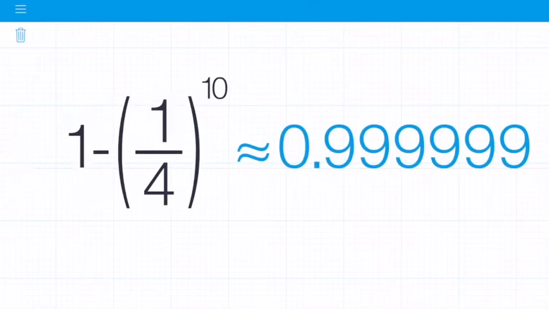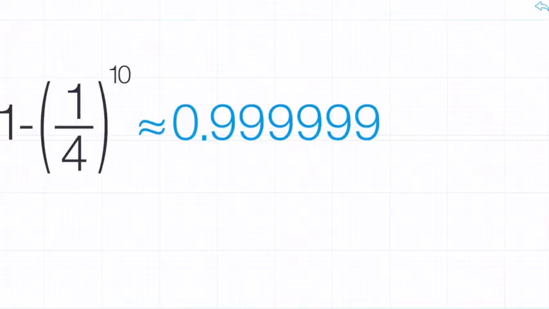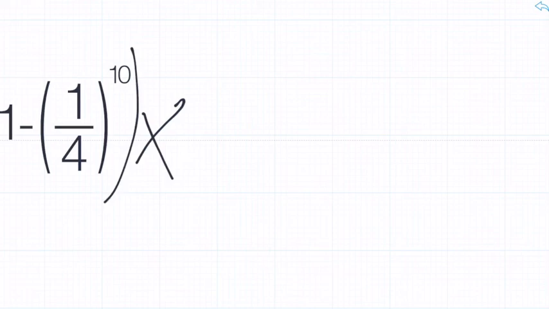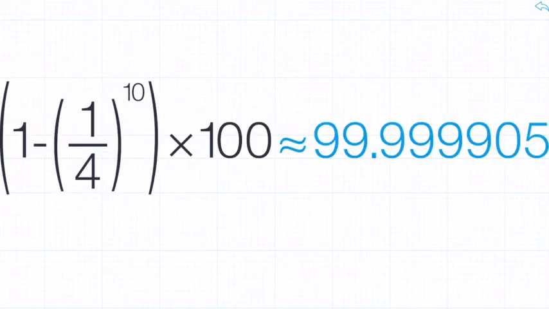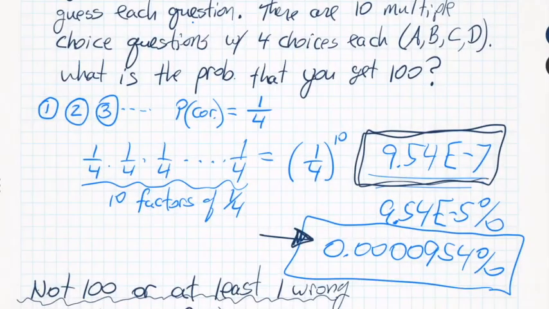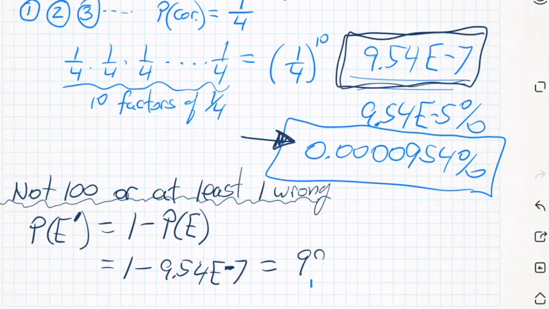And notice that the 1 has to be in the front. So times 100. Oops, I gotta put the whole thing in parentheses. So times 100, 99.999905. So this is equal to 99.99995 percent. Of the time, you'll get at least one wrong by guessing.